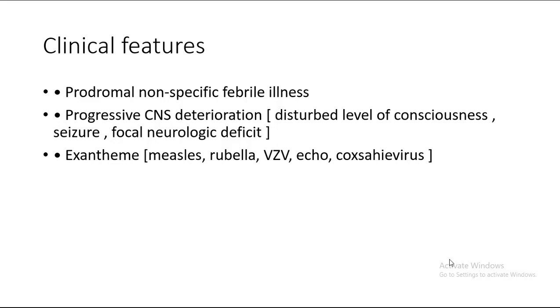For the clinical features, there is a prodrome of nonspecific febrile illness followed by 3 important manifestations: fever, disturbed level of consciousness, and focal neurological deficits, including seizure. This triad represents encephalitis until proved otherwise.